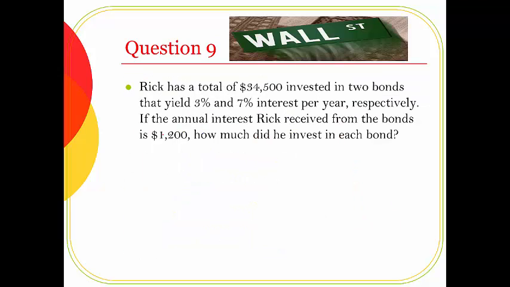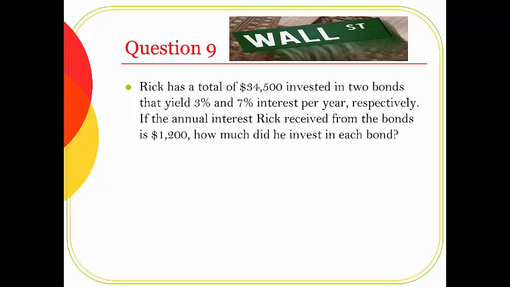Question 9. Rick has a total of $34,500 invested in 2 bonds that yield 3% and 7% interest per year, respectively. If the annual interest Rick received from the bonds is $1,200, how much did he invest in each bond?